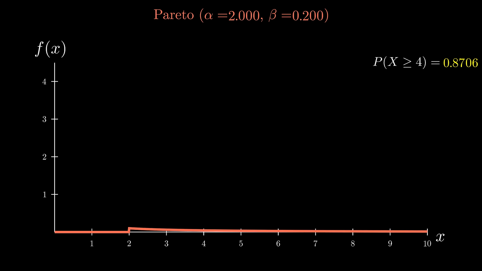And at this point, this plot is really deceiving because there's no way that we can see here that to the right of 4 there's 87% of the area under this PDF. But we know from the math that this is the case. So as the value of the parameter beta decreases, the tails become fatter. There's a larger percentage of the area in the tails.